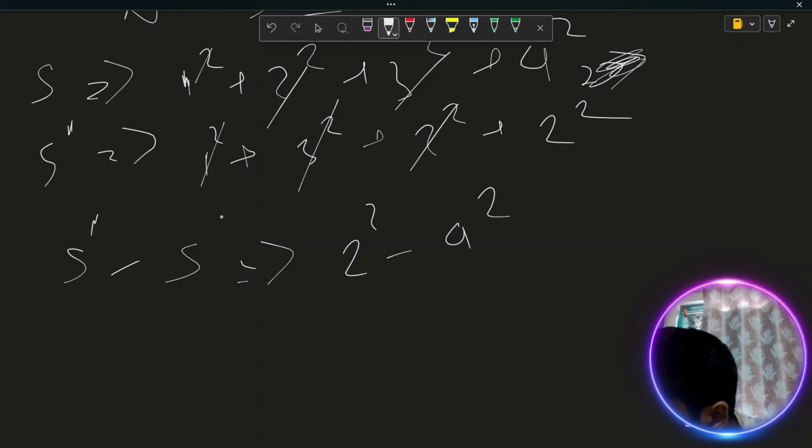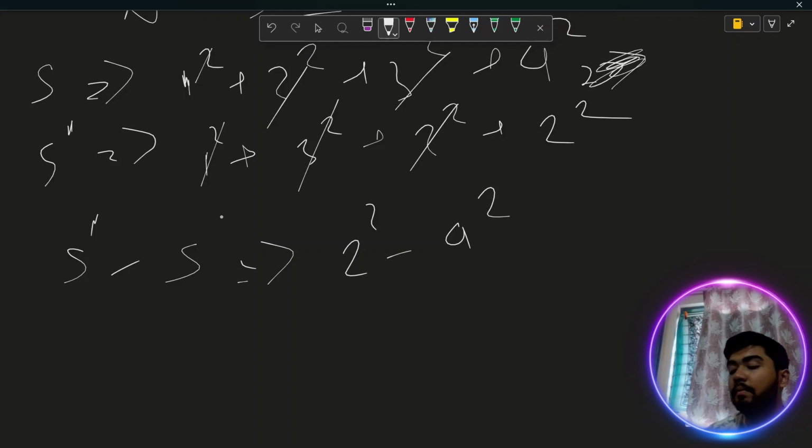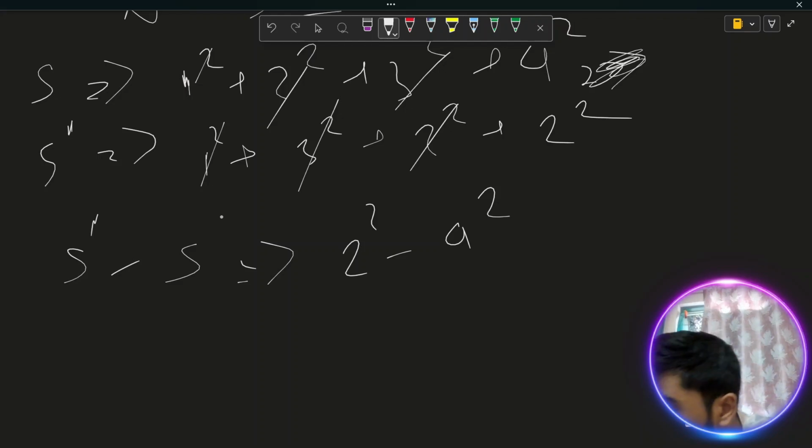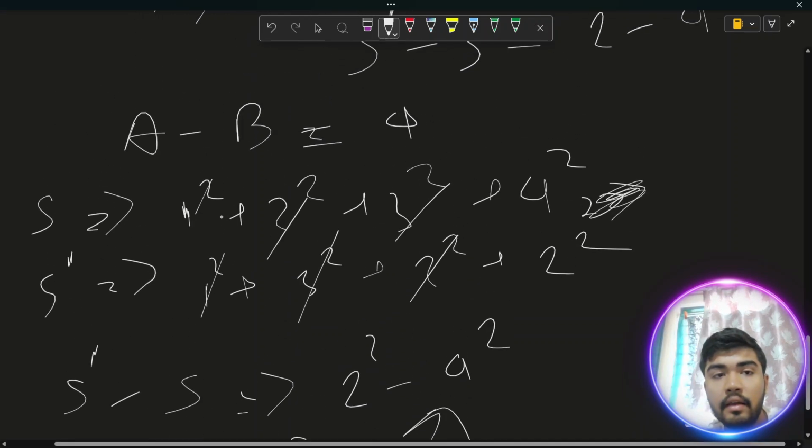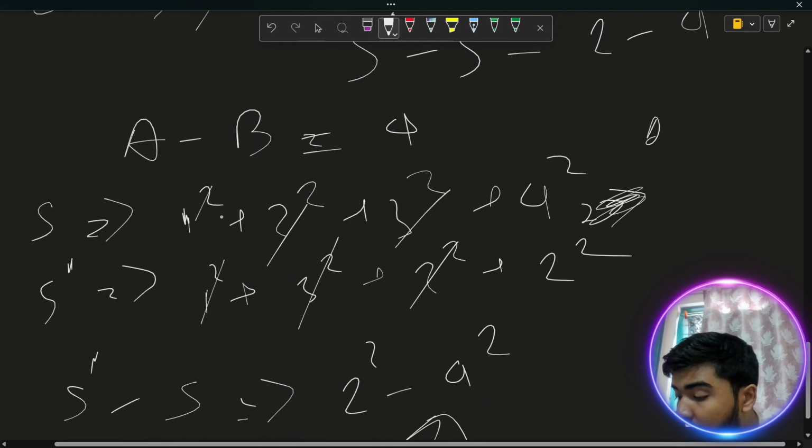And a is our repeated number, and b is our missing number. So after doing that, we are left with a square minus b square. A square minus b square we got from this, and a minus b we got from this.